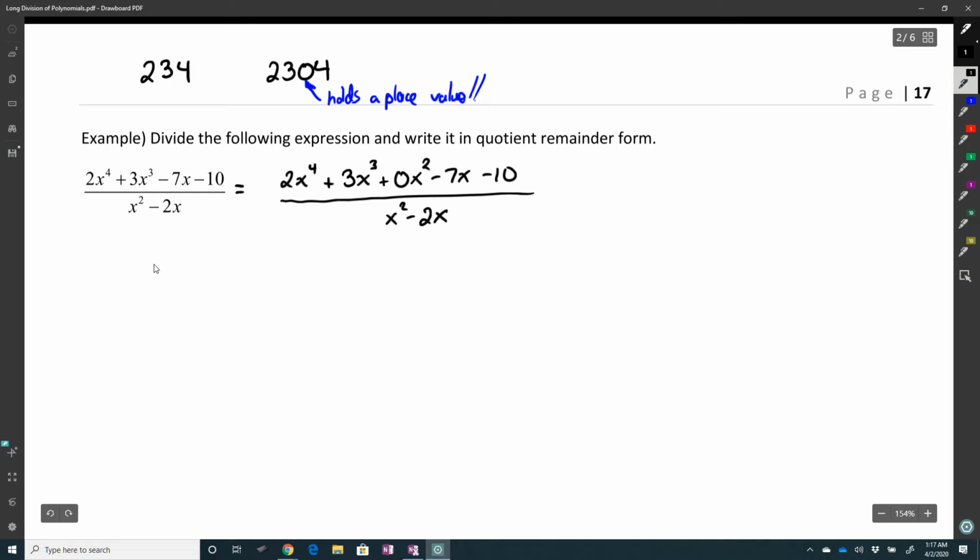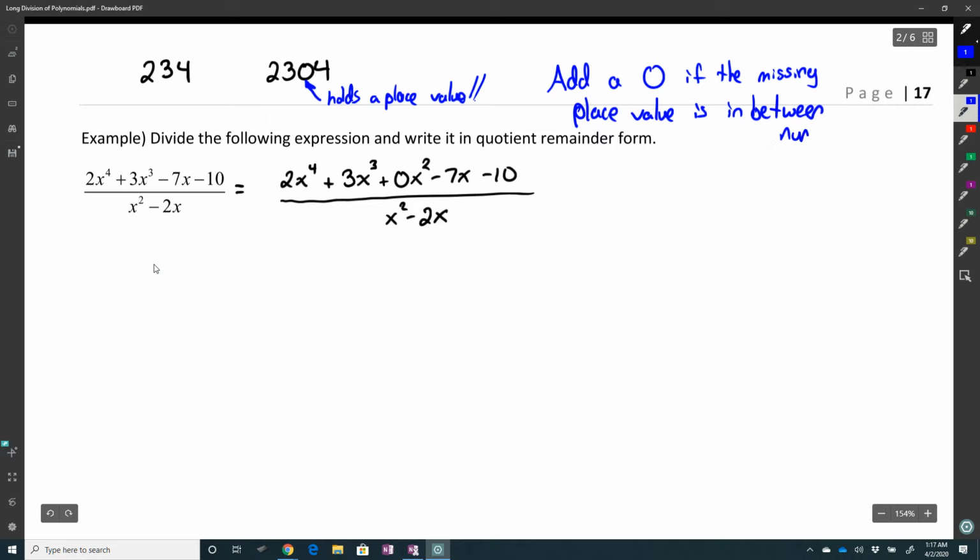You can put plus, so if the place value is in the middle, if the missing place value is in between numbers.